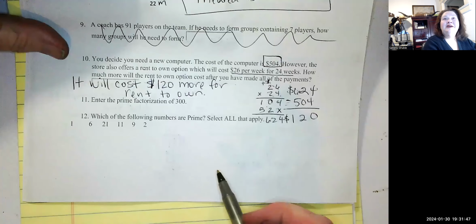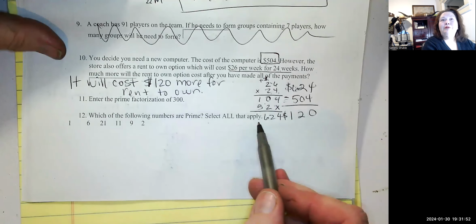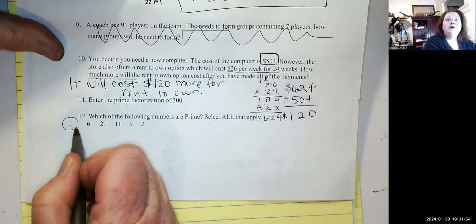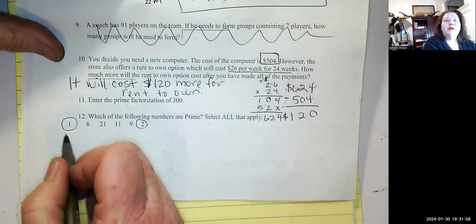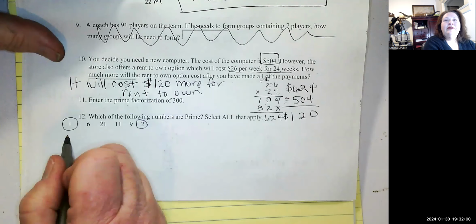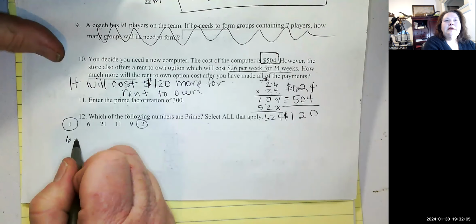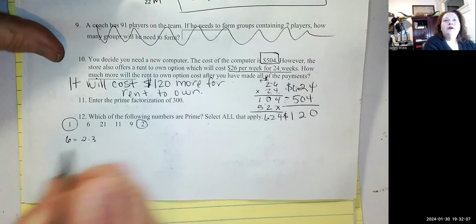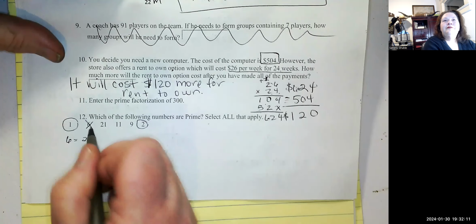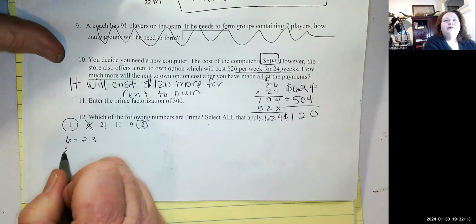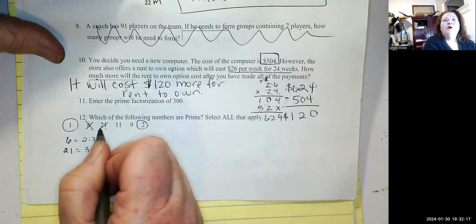before the exam. Which of the following numbers are prime? Select all that apply. Well, 1 is prime, 2 is prime. I know those. Everything else I have to think about. 6, and if they aren't prime, I have to prove they're not prime. 6 is equal to 2 times 3, so 6 is not prime. 21 is equal to 3 times 7, so it's not prime.